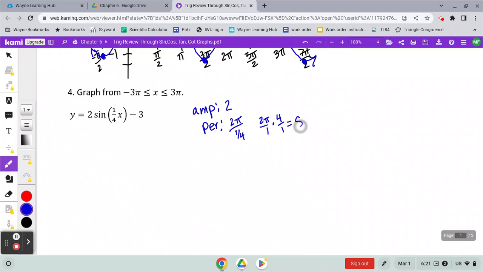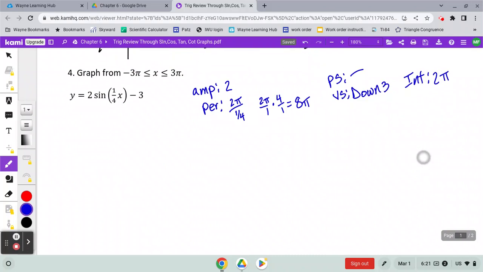So that gives us 8 pi as my period. Okay. Is there a phase shift? Hopefully you know no. Is there a vertical shift? Yes, down 3. And then finally, if the period is 8 pi, that means our interval is going to be 2 pi.